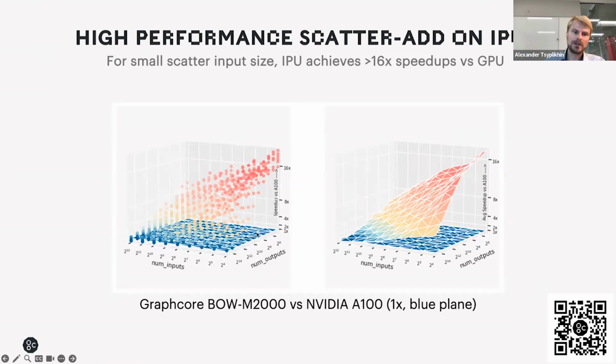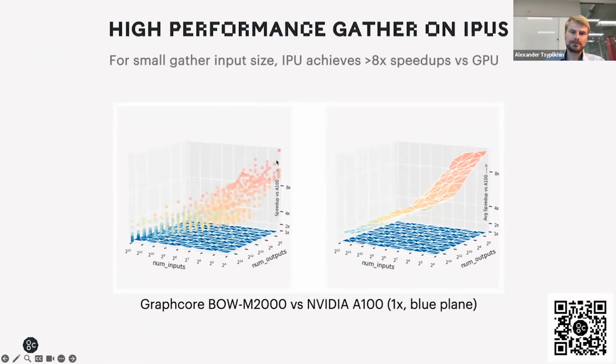For smaller combinations, IPUs outperform A100s by a large factor, over 16x in the case of scatter add, and over 8 times for the gather operation. So given this fact, and the fact that gather and scatter are so important for message passing, which in its turn is so important for GNNs, IPUs are showing very good performance on GNNs. That has enabled us to run more experiments for the OGB challenge, for example.